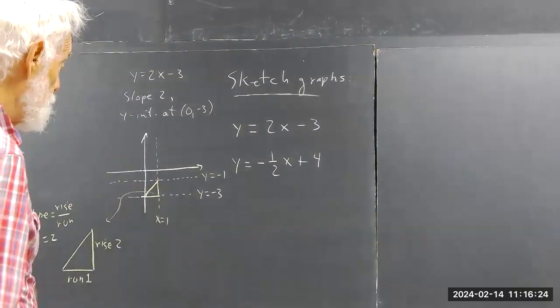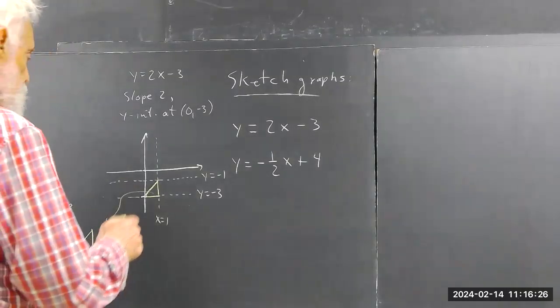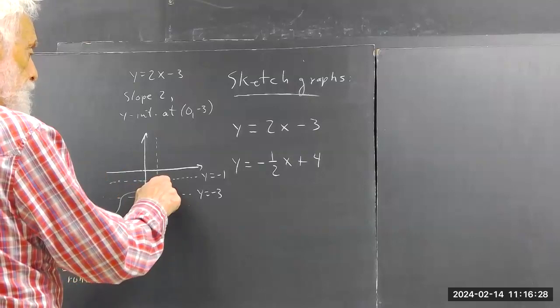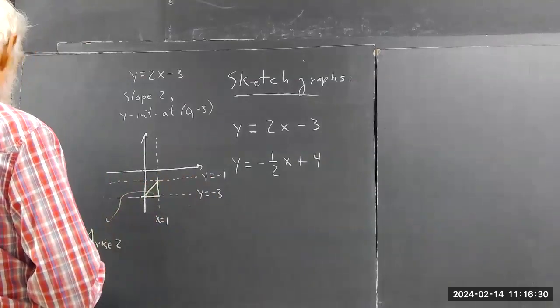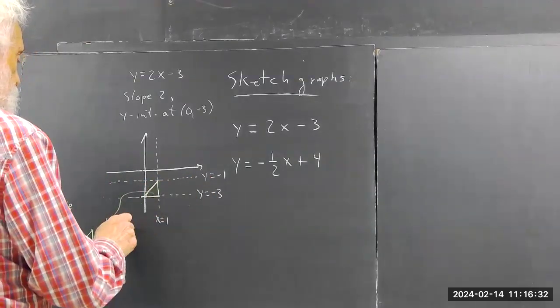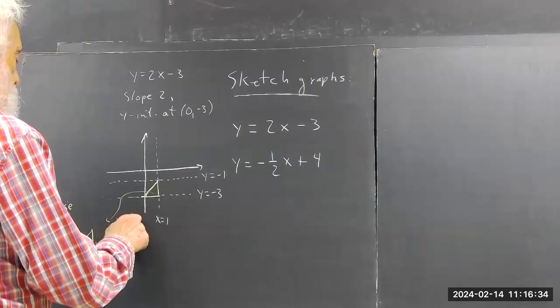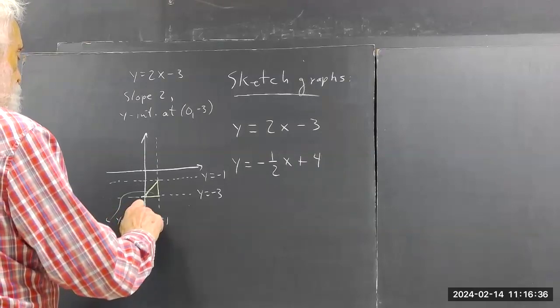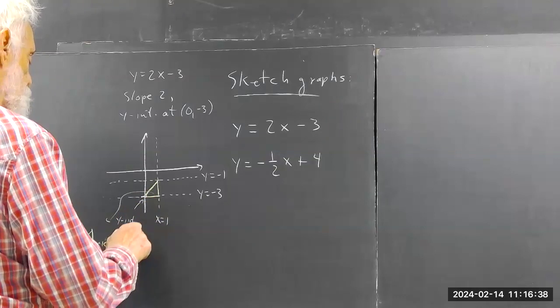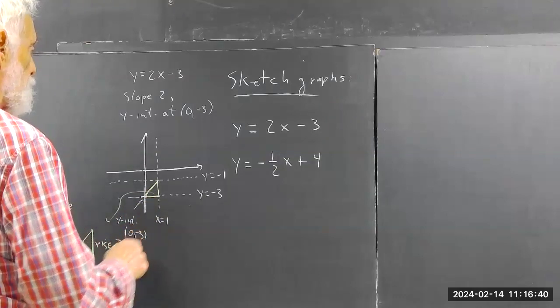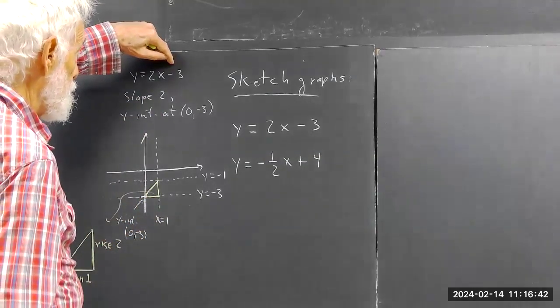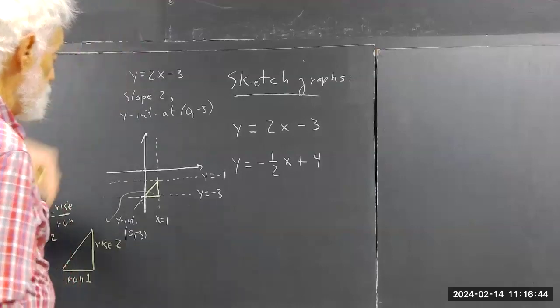Meaning this point would be the point 1, -1. So this is a y-intercept. It's at 0, -3. Again, this is the y-intercept, this is the slope.